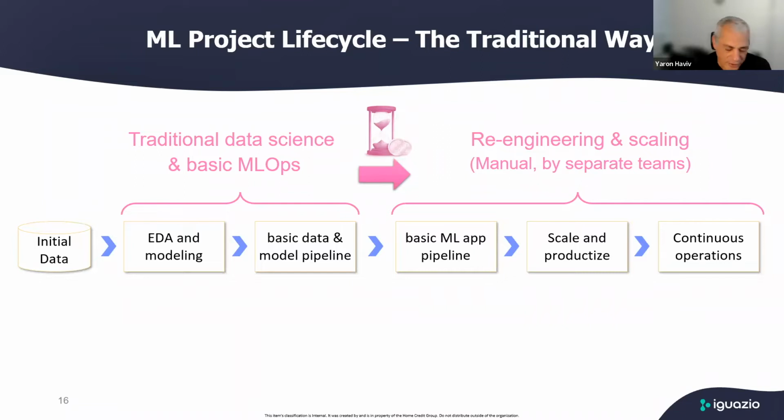Before we dive into it, some things that we've seen recently when working with many companies that adopt MLOps: people are talking about MLOps, but still treating the world as two different silos. One silo is data science, where you do MLOps, but at a very basic level. You're using MLOps as a way to train the models, potentially do some experiment tracking, configure your training environment or your development environment.